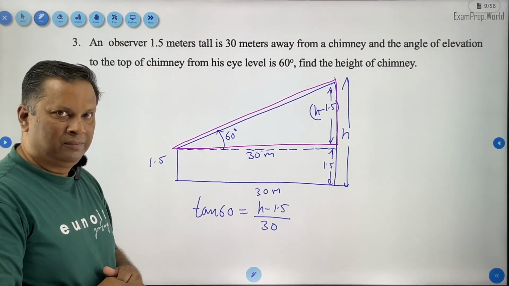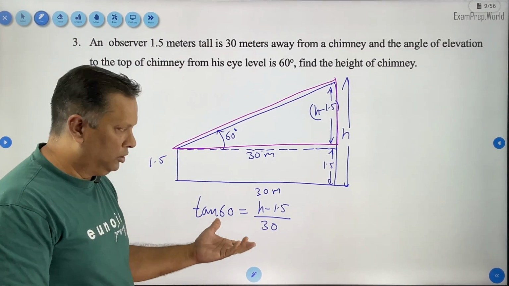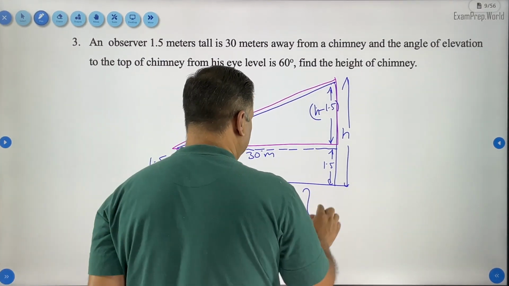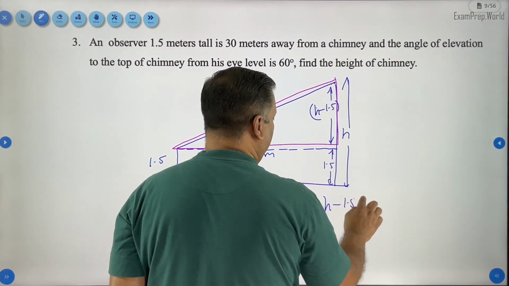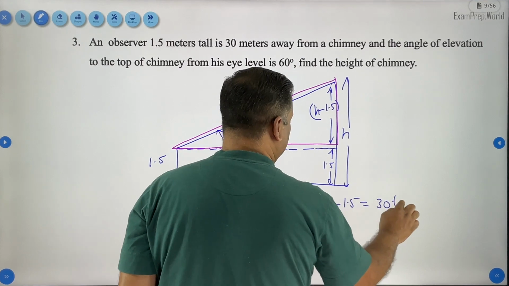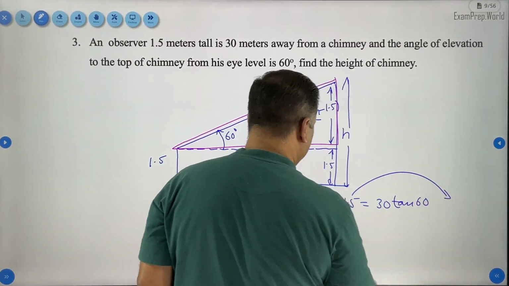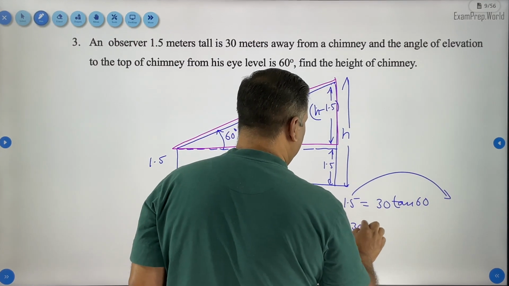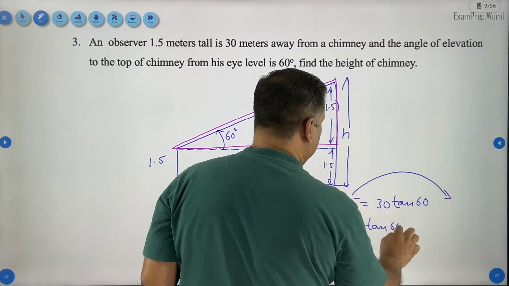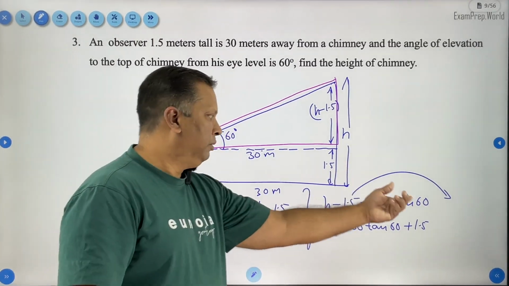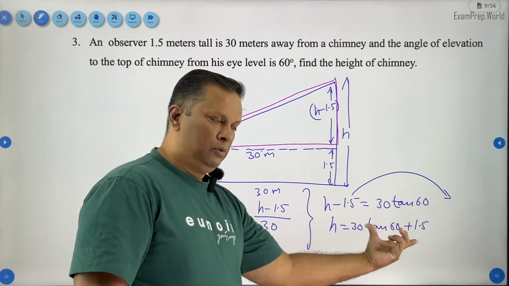Now it's simple algebra. Multiply 30 with this. So h minus 1.5 equals 30 tan 60. Take this 1.5 over here. h will be equal to 30 tan 60 plus 1.5. The negative 1.5 on going there will become positive, and solve this. You will get your answer.